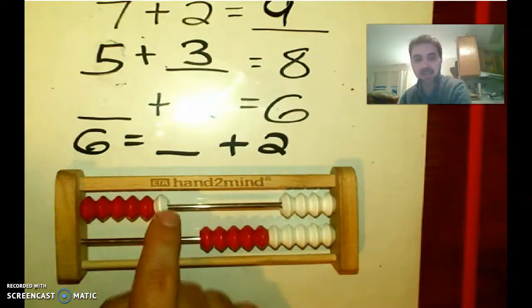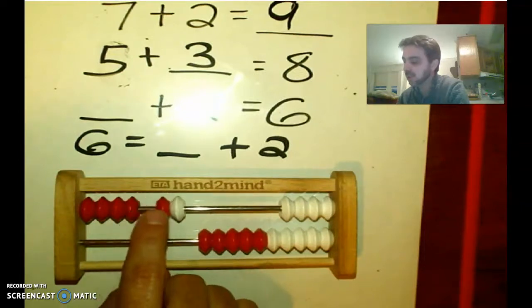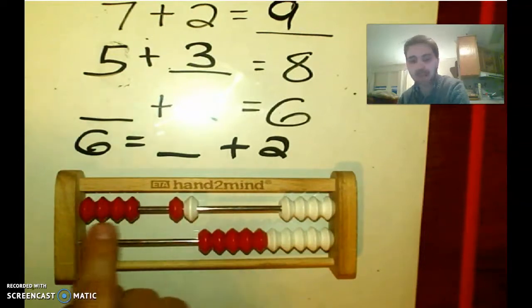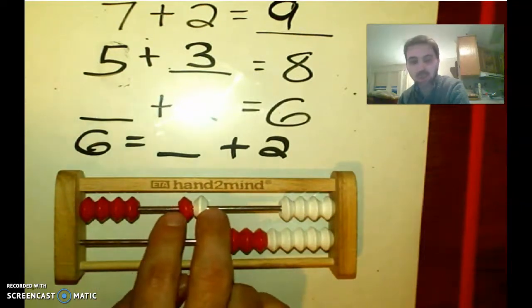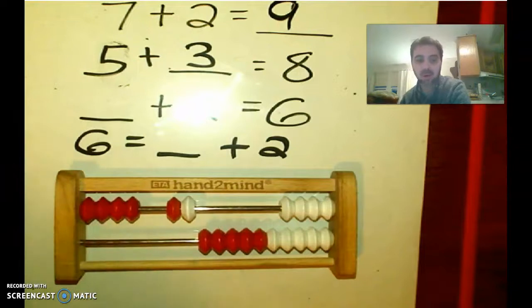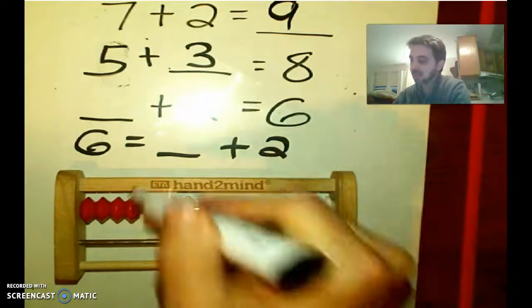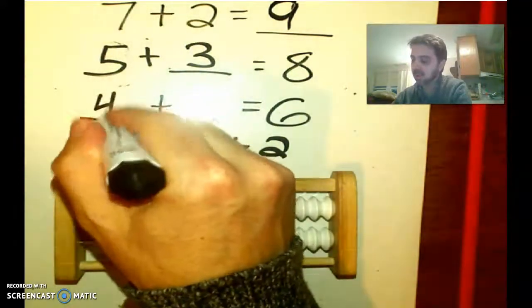So I have 6. And 6 is the same as 2 and what else? Well, if I slide 2 out here, you can see what else there is, which is 1, 2, 3, 4. So 4 and 2 make 6. So this would be 4, and so is this.